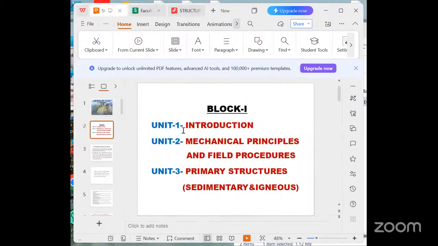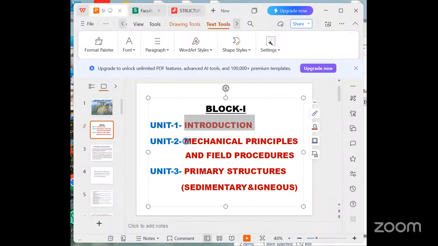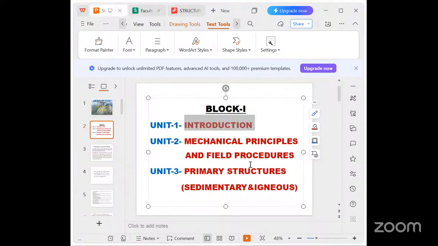You see in block 1, unit 1, introduction and mechanical principles are there. Also procedures. And the third unit is primary structures. In that we have sedimentary and igneous structures, right?